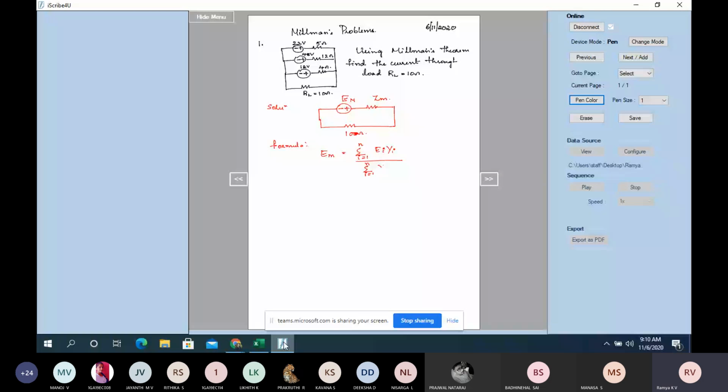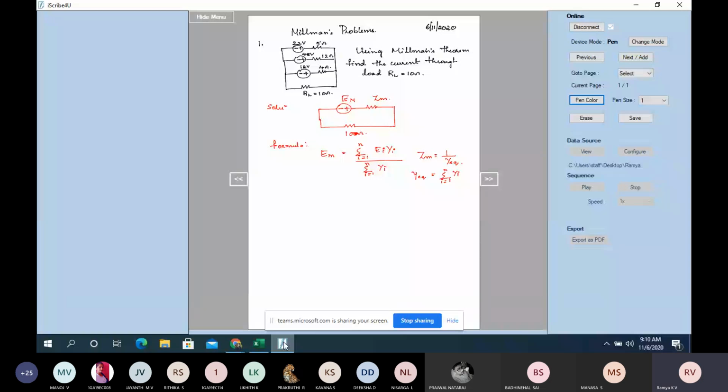And ZM was 1 by Y equivalent, where Y equivalent is summation i equal to 1 to n of Yi. We had discussed this yesterday, so we will make it much simpler now.